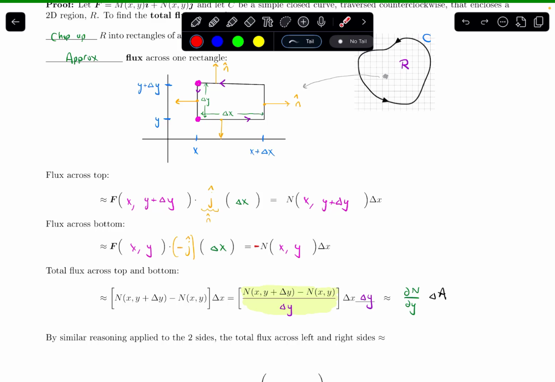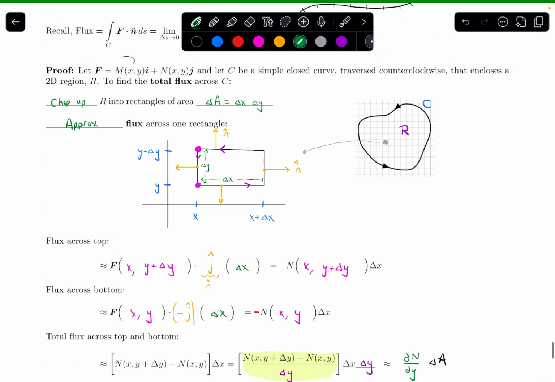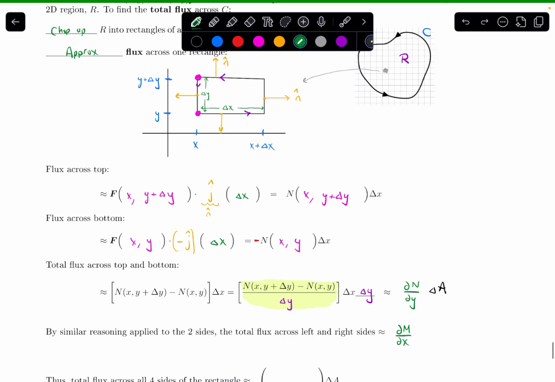Okay. So if I do similar steps for the two sides, the left and the right, and I add up their fluxes, I'll get something very similar to this. It turns out that we will get the partial of m with respect to x times delta A. I'll leave it for you to try that as an exercise, but it turns out we'll get this.